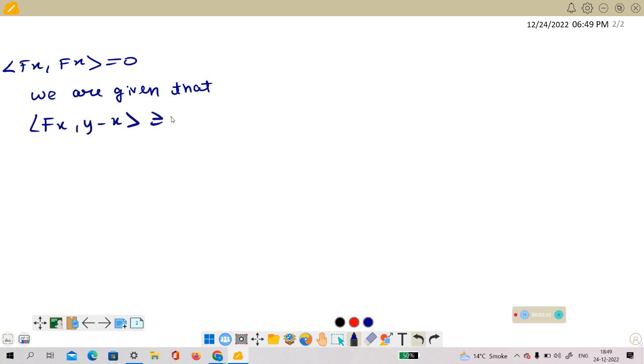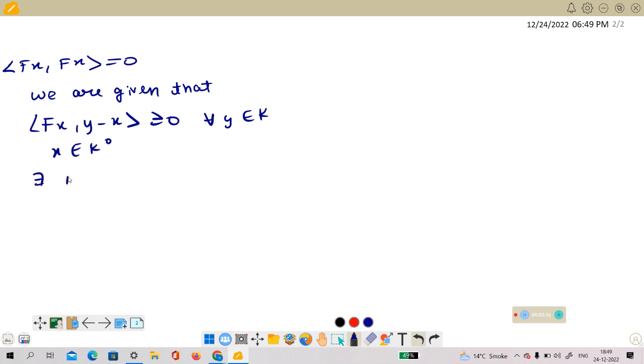So we have changed our problem: we only need to show now that f(x) comma f(x) is equal to 0. We are given that f(x) comma y minus x is greater than or equal to 0 for all y belongs to K. Not only that, we are also given that x belongs to K interior.